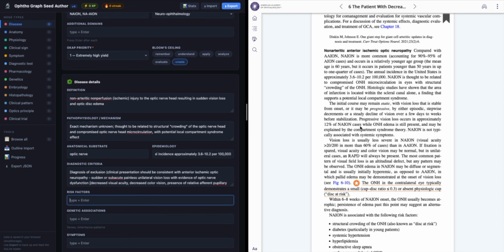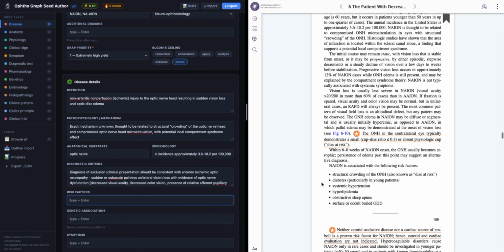So under risk factors, we have quite a few listed here, right? And it's nice in this textbook because it tells you NAION is associated with the following risk factors. So we can just type those in: structural crowding of the optic nerve head, disc at risk, right?